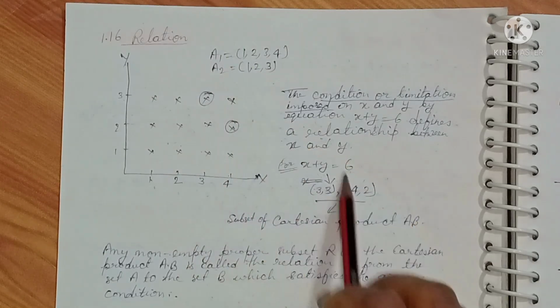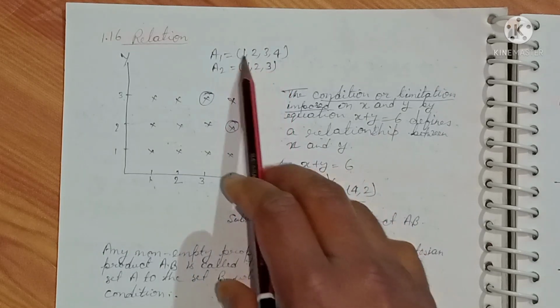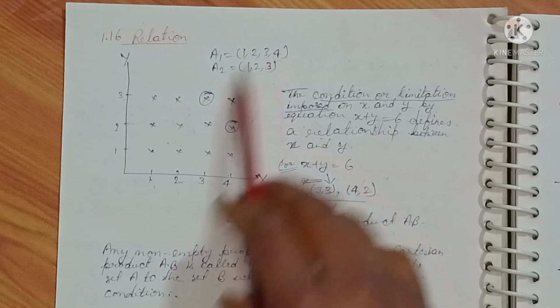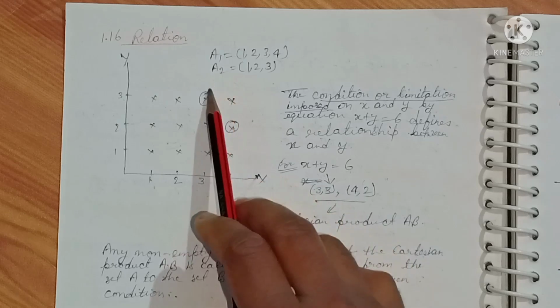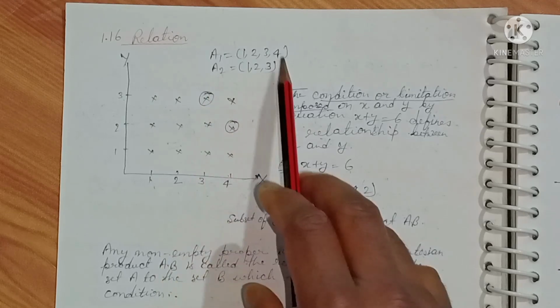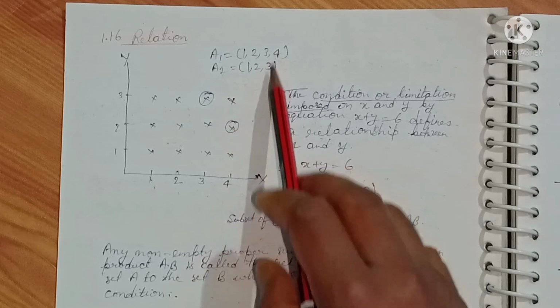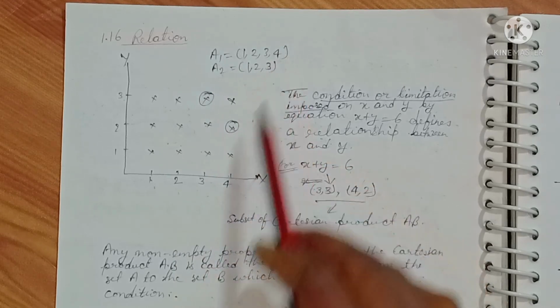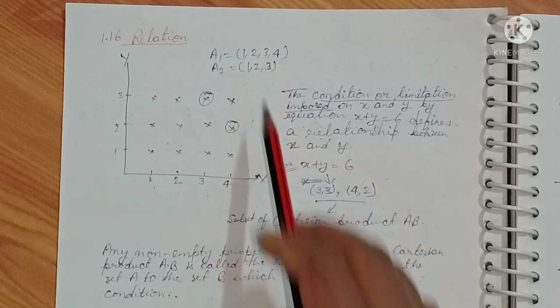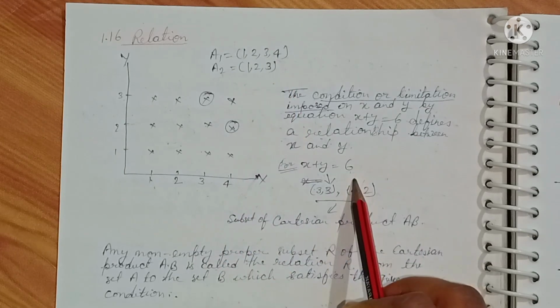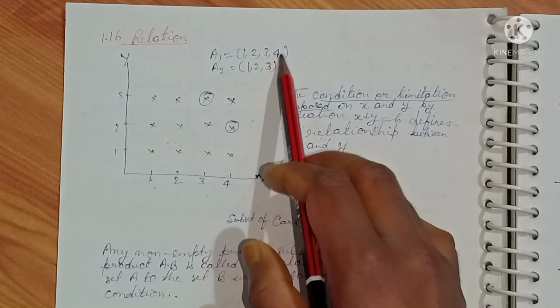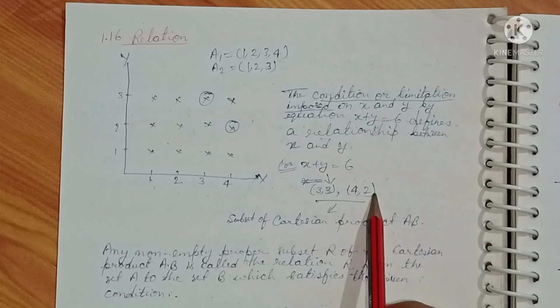So now you can see whatever elements are present here, 1 2 3 4 in A1, and 1 2 3 in A2. So we have to add the elements. 1 plus 1 is not possible. If we add two elements, just like 3 plus 3, we will get 6. So this is the first, and 4 plus 2 is the second that equals 6.